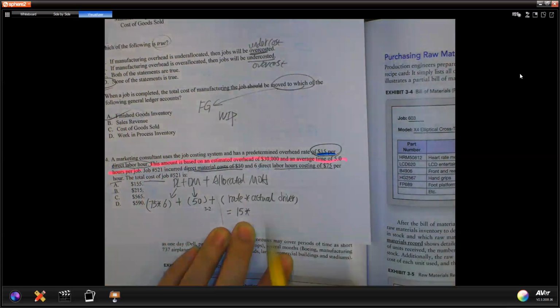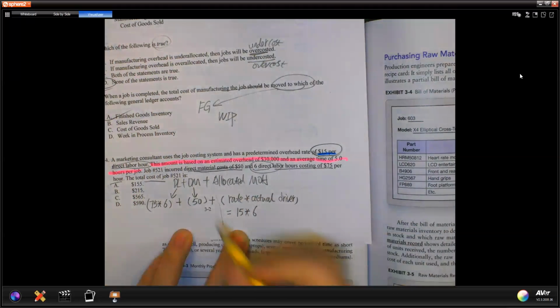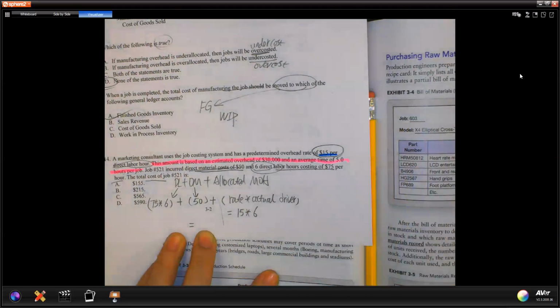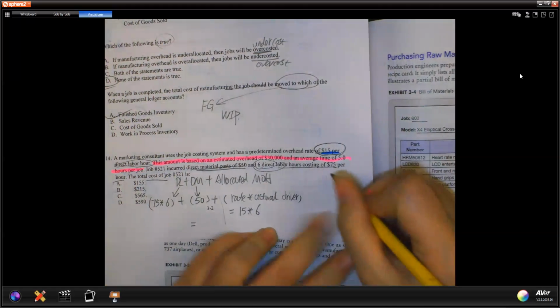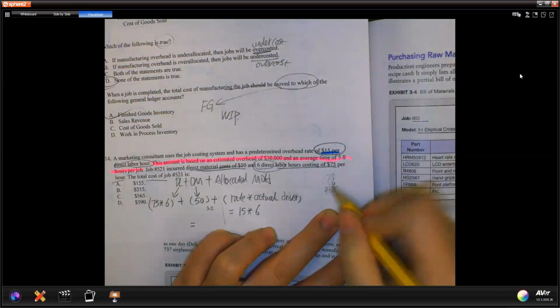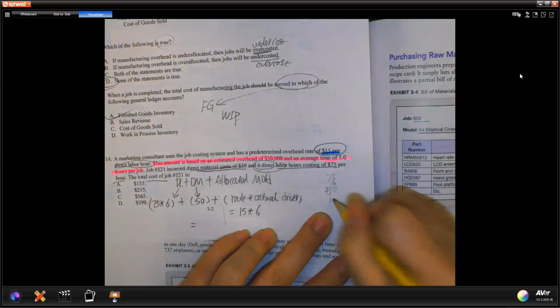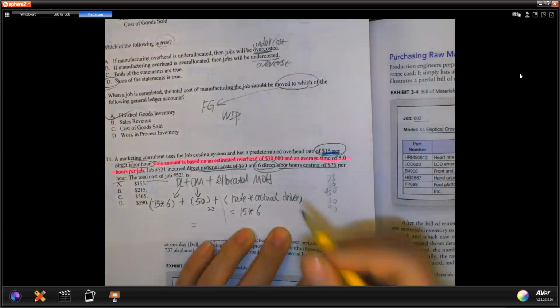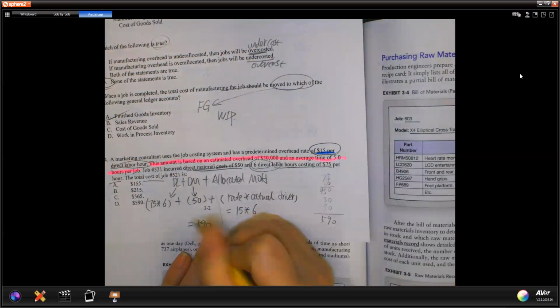How many actual direct labor hours? 6, right? So if you do the math, I don't have the phone, I have my calculator. 75 times 6 is 450, plus your 50, plus your 90, gives me 590. This should give the answer D.